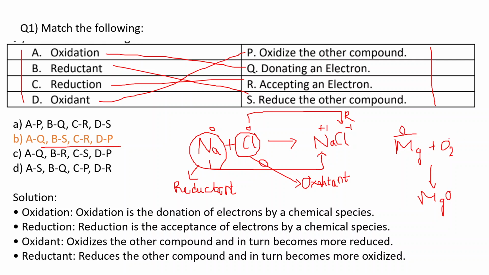Magnesium goes from 0, and oxygen, being in gaseous O2 form, is also 0. Here, magnesium is in +2 oxidation state, and oxygen is in -2 oxidation state. A similar reaction will take place. So these are redox reactions.